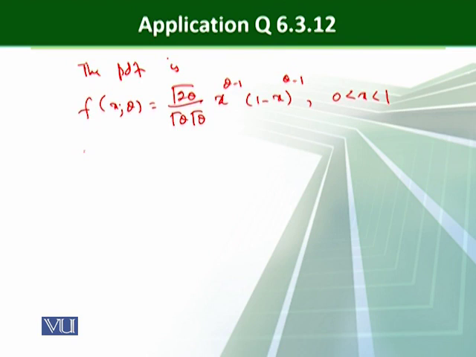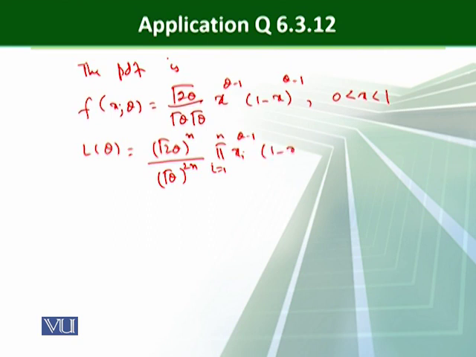Now the likelihood function L of theta, I just write down directly, that is gamma 2 theta raised to power n over gamma theta raised to power 2n, and that is the product for i from 1 to n of Xi raised to theta minus 1 into 1 minus Xi raised to theta minus 1.